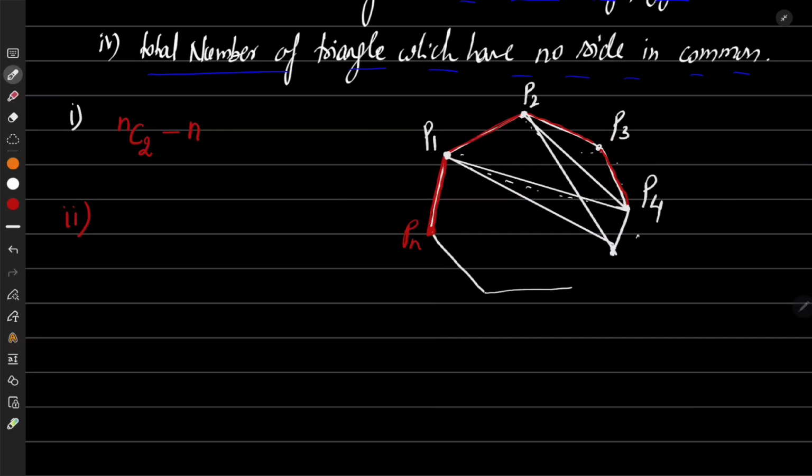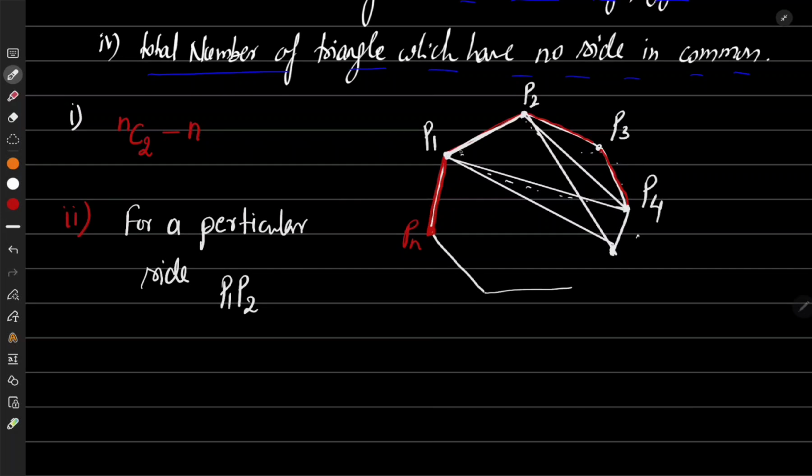Try to see for a particular side P1P2, how many triangles we can form such that only P1P2 is a side of the polygon, and the other sides of the triangle are not sides of this polygon. So you will say, sir, for P1P2 how many options are there to take the third vertex?